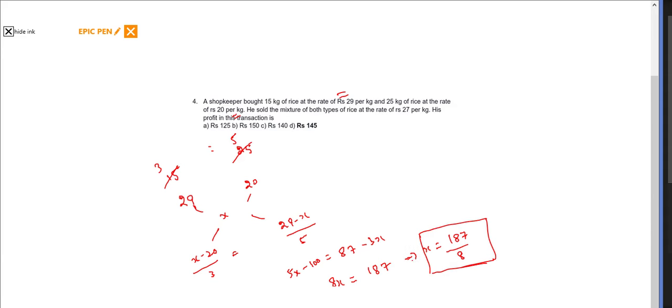This is going to be the cost price of the resulting mixture.